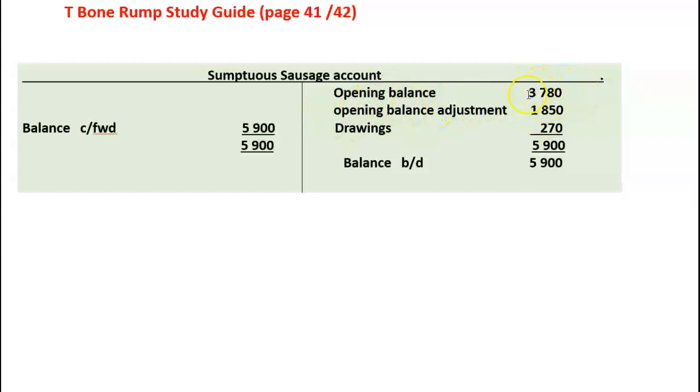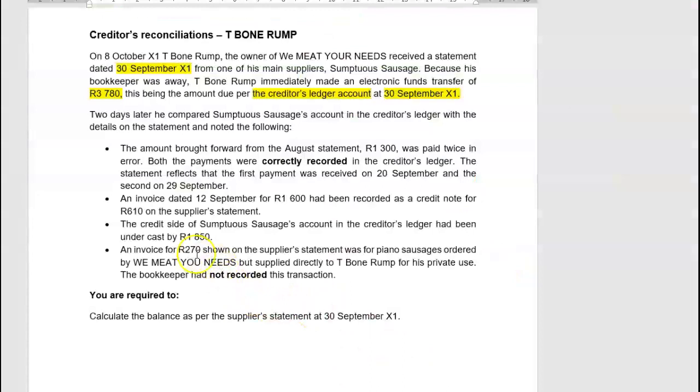The original balance was 3,780, and now I'm just going to rectify the costing error. So it's not an entry that I have to put through my books. I'm going to delete that out of my books and insert the correct balance, which will be those two together. The 3,780 plus the 1,850, which gives us a total of 5,630. And that is the balance that should have been the opening balance of the ledger account.